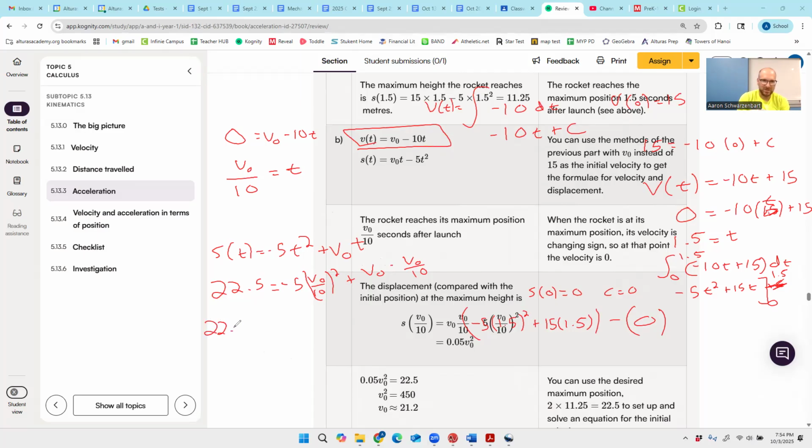which gives me 22.5 equals negative 5 V0 squared over 100, plus V0 squared over 10. So if I multiply both sides by 100, I get 2250 equals negative 5 V0 squared plus 10 V0 squared.